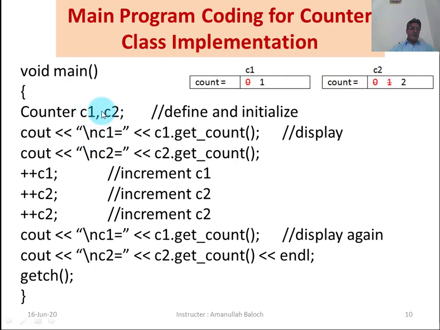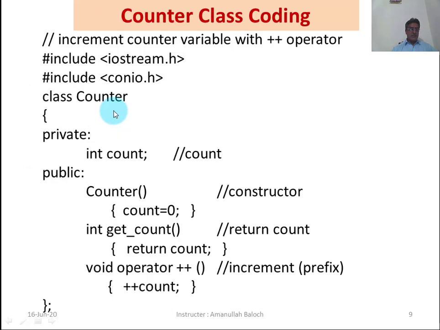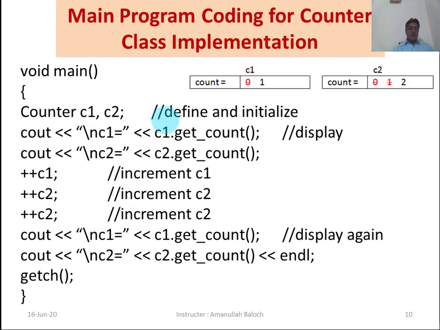Because the objects contain nothing, the counter constructor will be activated and will assign the value 0 to count of C1 and 0 to count of C2. So count of C1 contains 0 initially by activating the constructor, and count of C2 also contains 0.